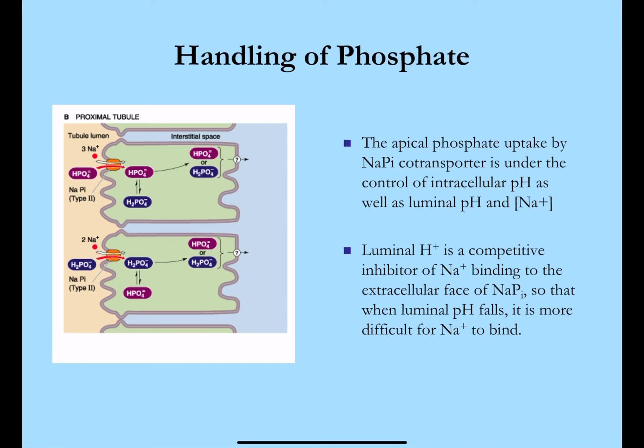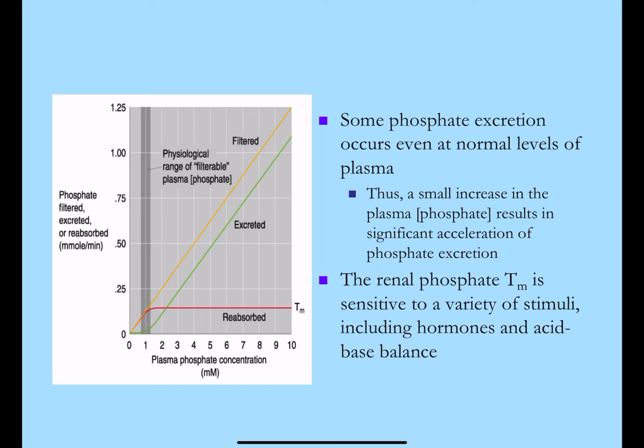So phosphate is usually controlled by multiple different hormones. PTH and active vitamin D are the 2 important players for that. So you can decide how much of it you can put into the urine. So again, as we just showed from this slide, about 10% we normally put out or leave behind. So some phosphate excretion happens at the normal levels of plasma.